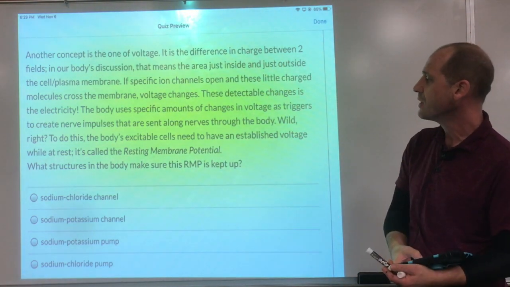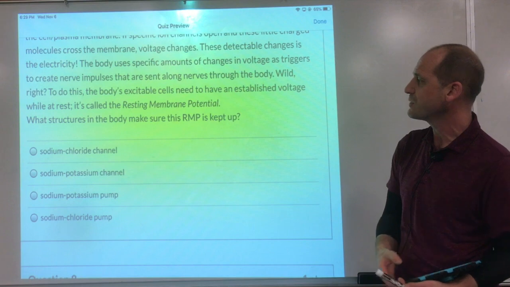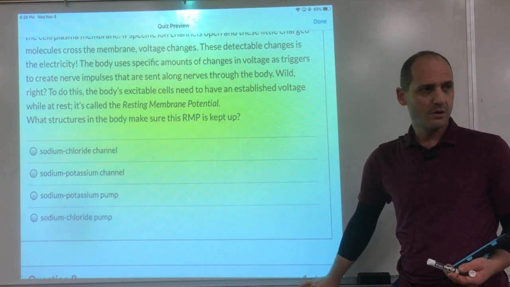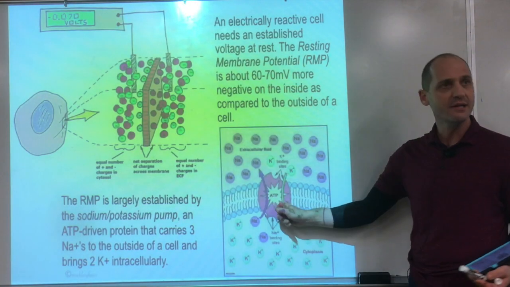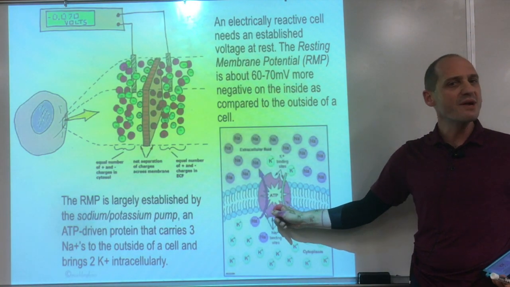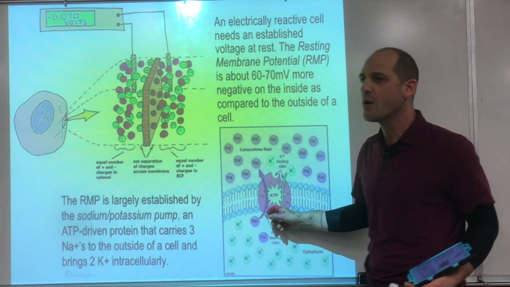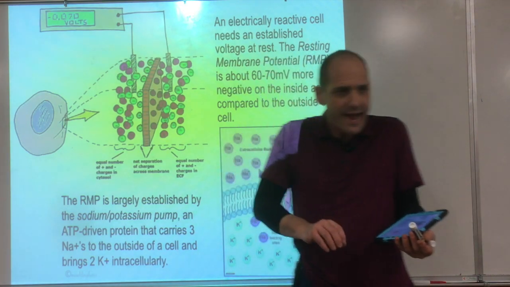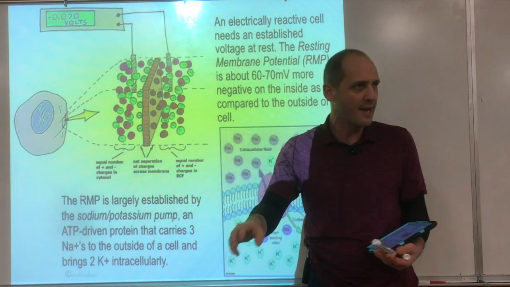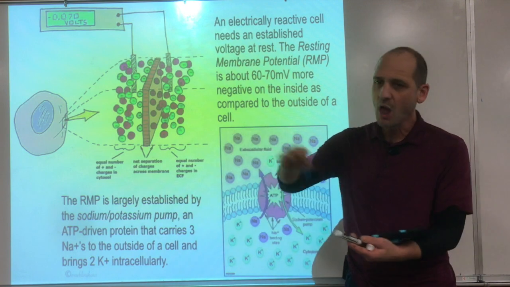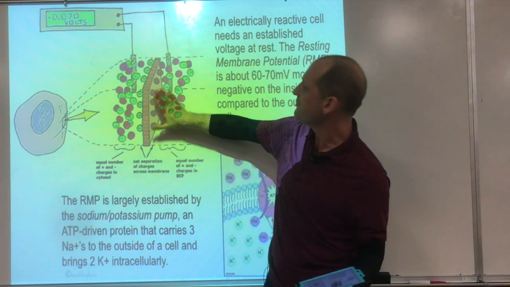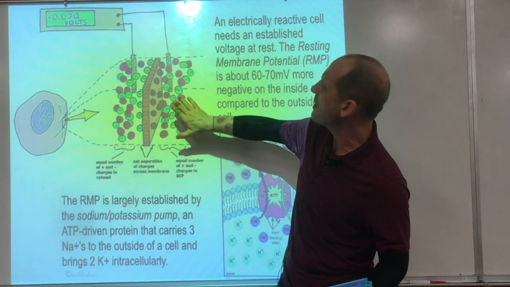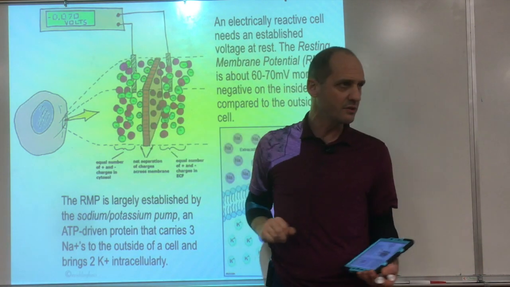What structure makes this resting membrane potential possible? The sodium potassium pump. We talked a bunch about it already. So a resting membrane potential means in our nerves, in all those cables, before we hit the funny bone cables, right along the nerve on the inside and the outside of the cell membrane of that nerve, we have a given amount of positivities and negativities.